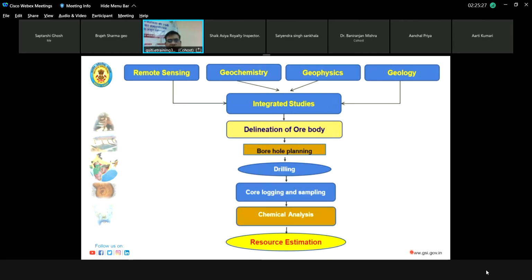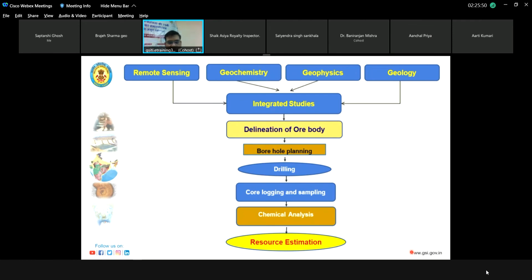We will squeeze our area to a particular length and width, and we have to apply all the integrated studies, like signatures from remote sensing. In geochemistry, there may be some background values of different minerals or metals.